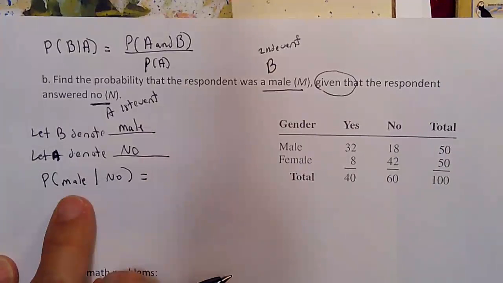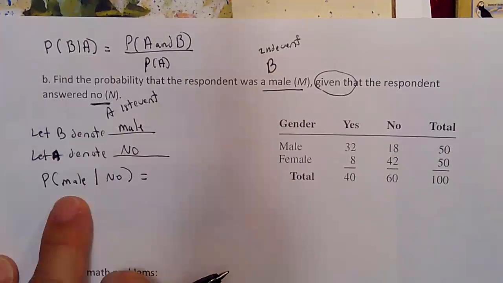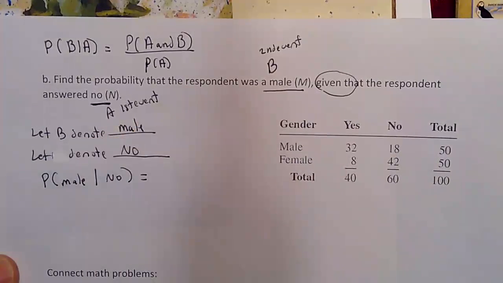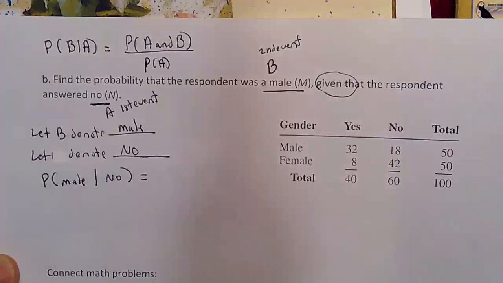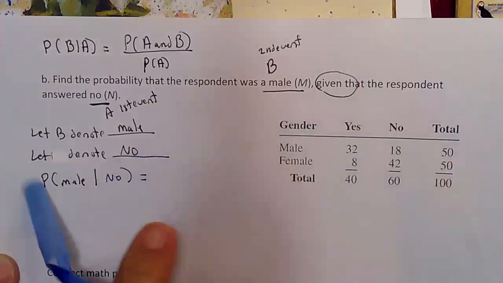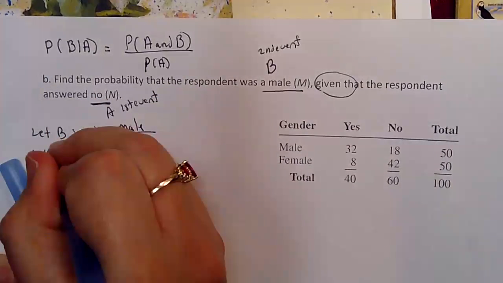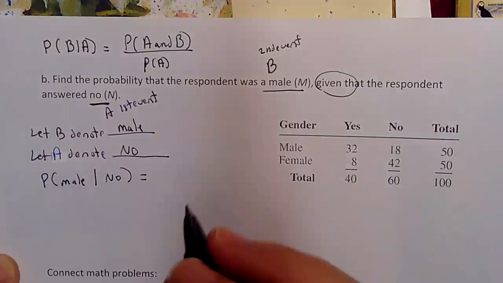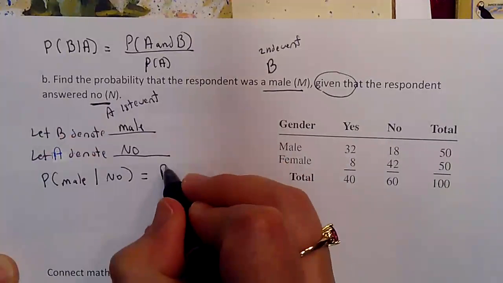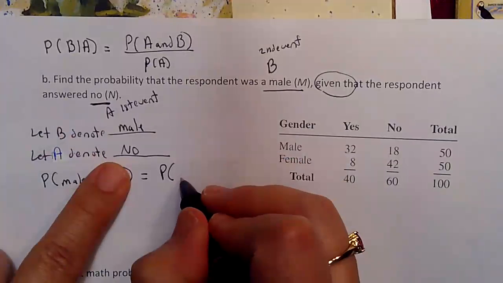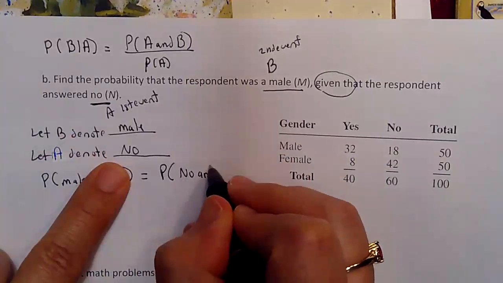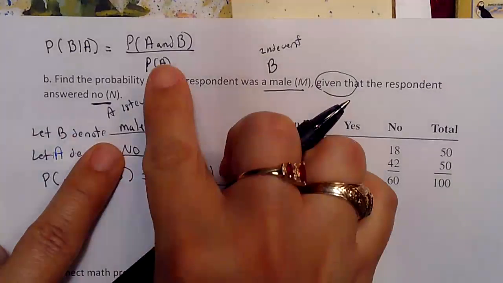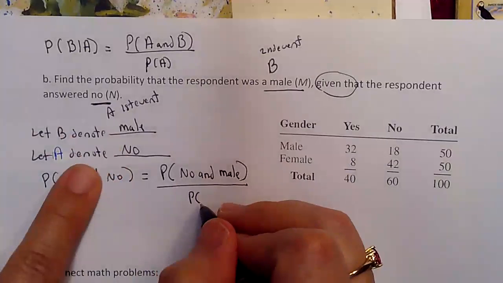So this is B given A. And so we have the probability of A, which is no, and B, which is male, all over the probability of A, which is no.